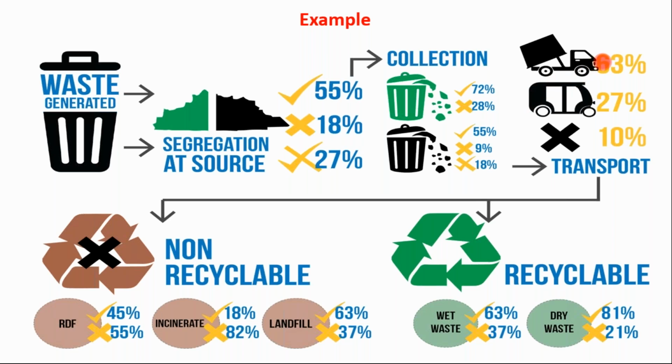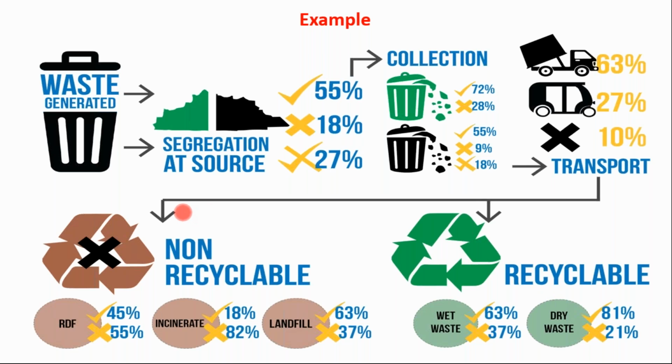Then 63% of this collected waste is transported by vehicles. Then 27% is transported by different small vehicles, and 10% is not transported. Out of that again, there are two types of waste from this transportation, one non-recyclable and one recyclable.